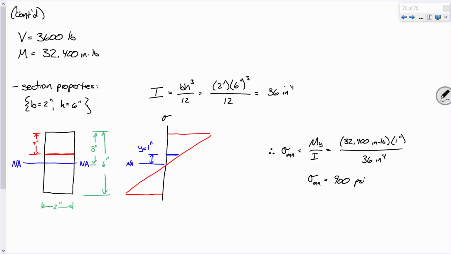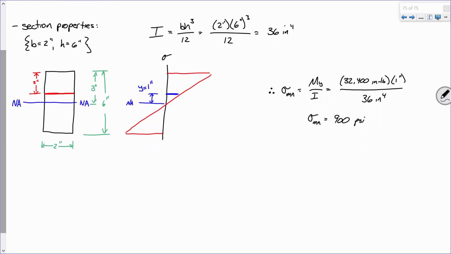Now, is that the only stress that this section is seeing? It has shear stress. Now, you all remember that formula? What was it? V over what? 2I times h squared over 4 minus y naught squared.